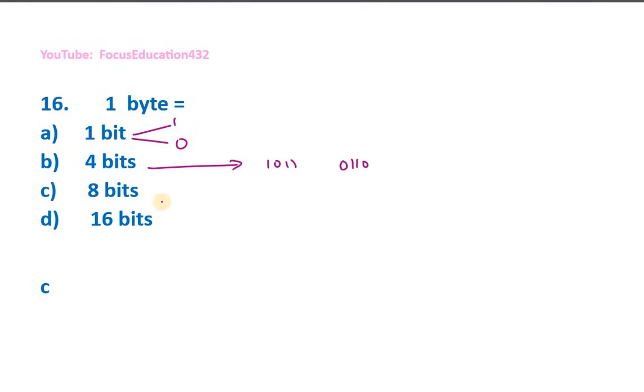A byte is 8 bits. For example, 10110100. How many bits are there? 8 bits. When we group these 8 bits, this is called 1 byte. Clear? So 2 bytes means 16 bits.